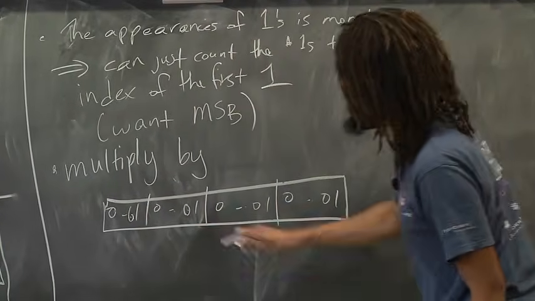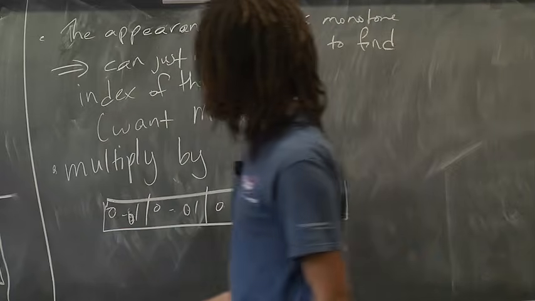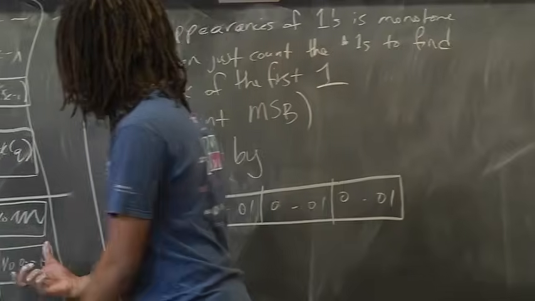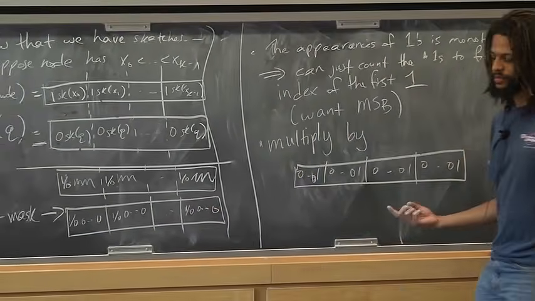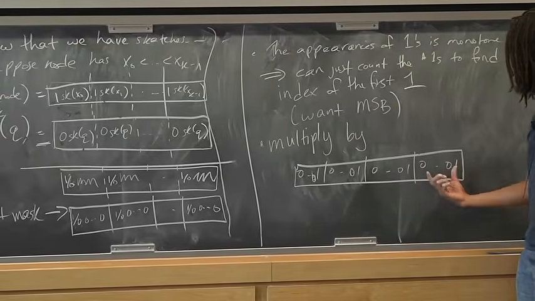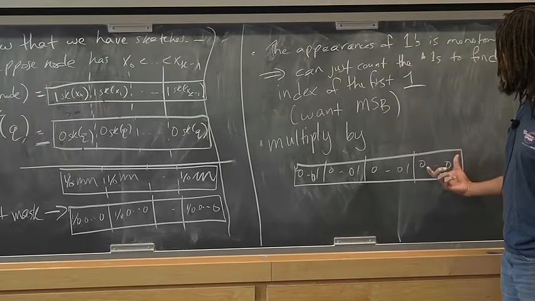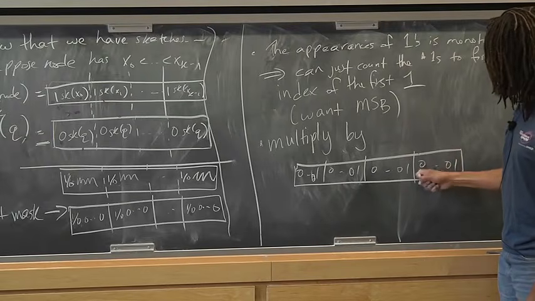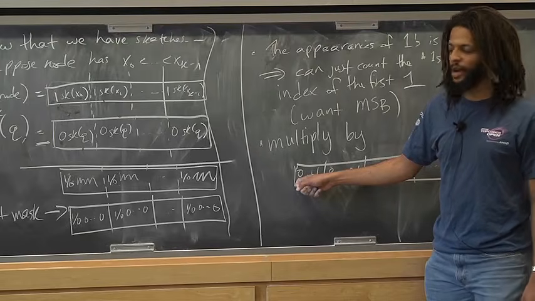What that's going to do is take this 1 here, and it will appear here, here, here, and here if it's a 1. And that will get added.